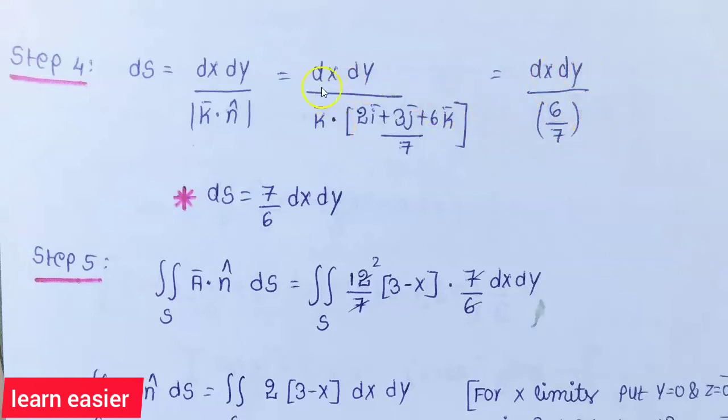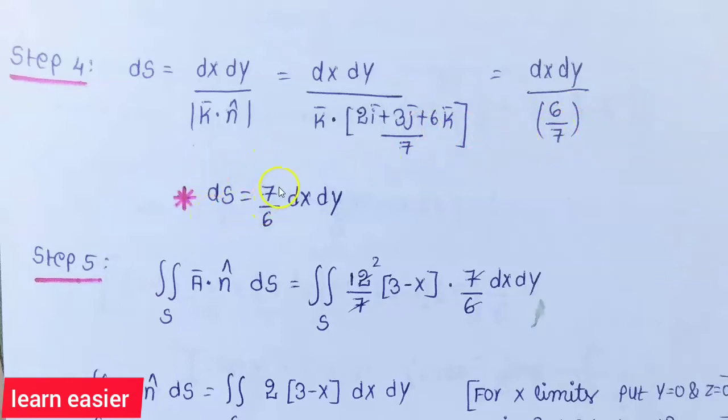If we got the answer as minus, because of the mod we get the positive 6 by 7, in case we have the answer as minus 6 by 7, but here there is no minus, so we continue with 6 by 7.